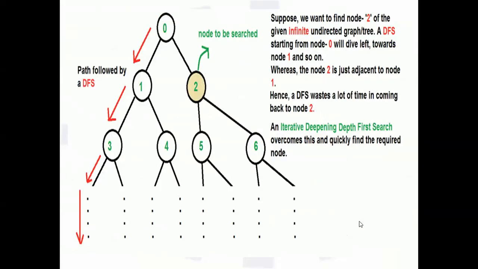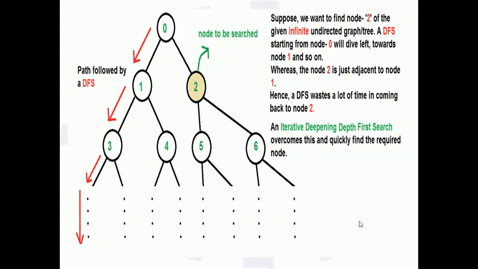In this graph, suppose we want to find node 2 of the given infinite undirected graph using a DFS starting from node 0.